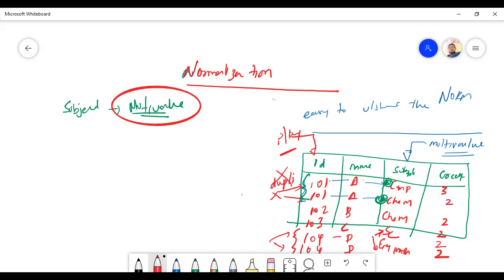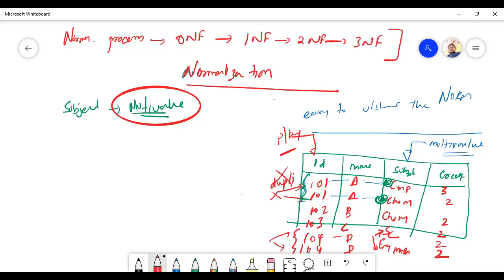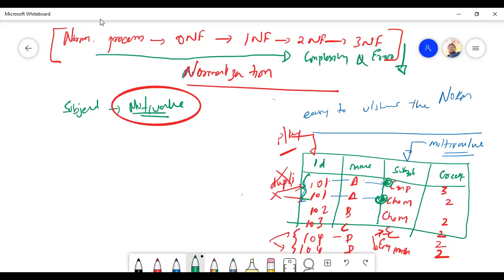Okay. The normalization process, right? We can find zero normal form, first normal form, second normal form, third normal form. We will learn up to this today, right? So while you are going this way, the complexity and errors will be reduced.